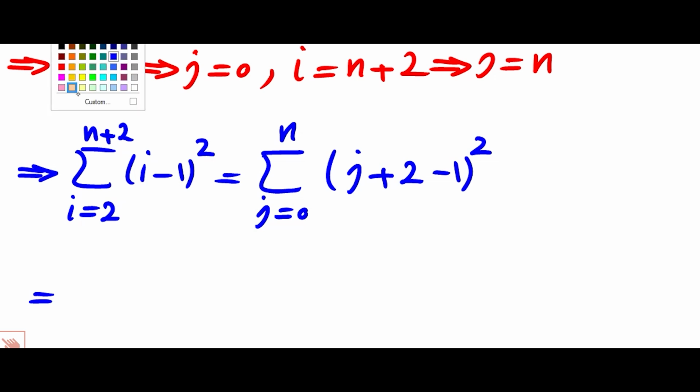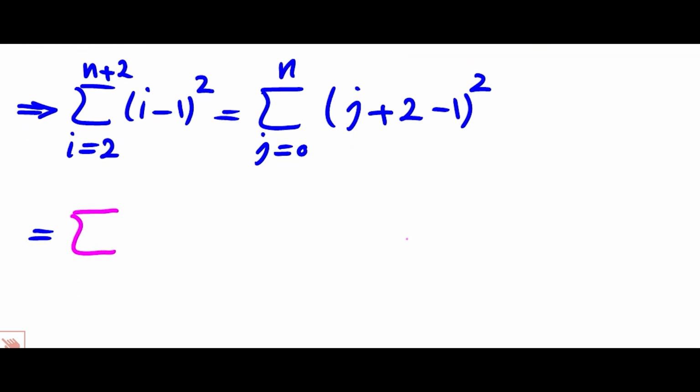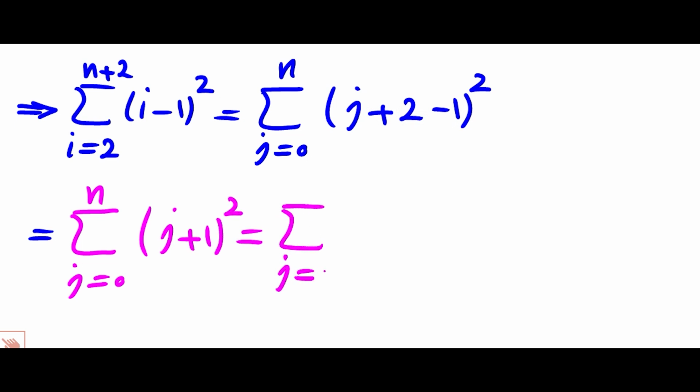So the final answer becomes the sum from j equals 0 to n of (j plus 1) whole squared, since j plus 2 minus 1 is j plus 1, or the sum from j equals 0 to n of j squared plus 2j plus 1.